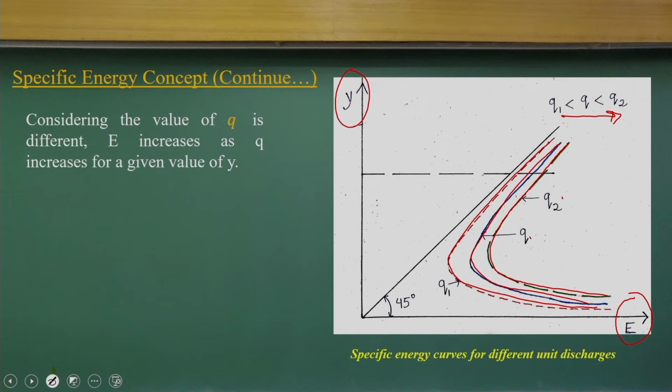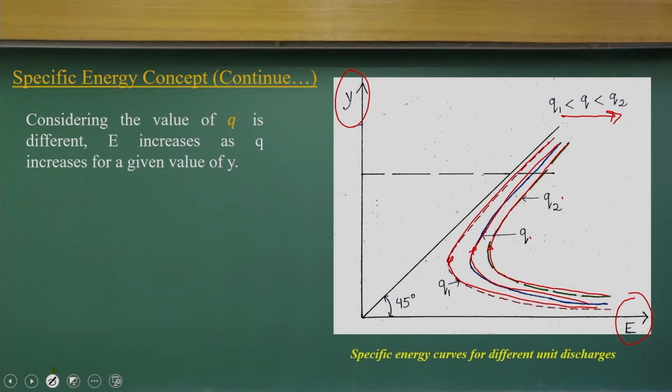Now, let me analyze this curve. A very interesting fact is shown in this curve. These points are reaching the point of critical flow, where the specific energy is minimum. That point is shifting. As q increases, we need a higher minimum specific energy to maintain the flow.